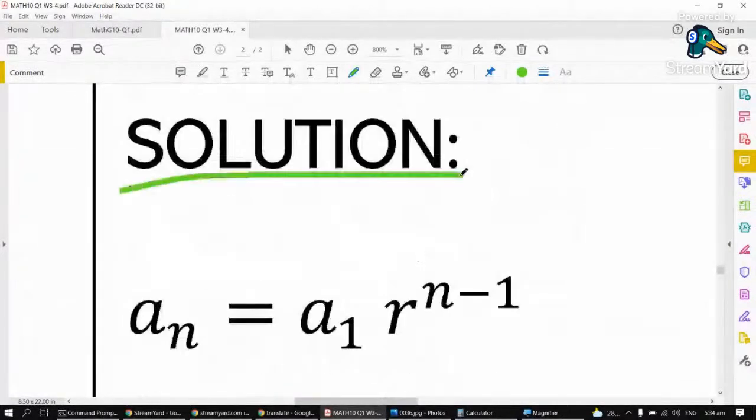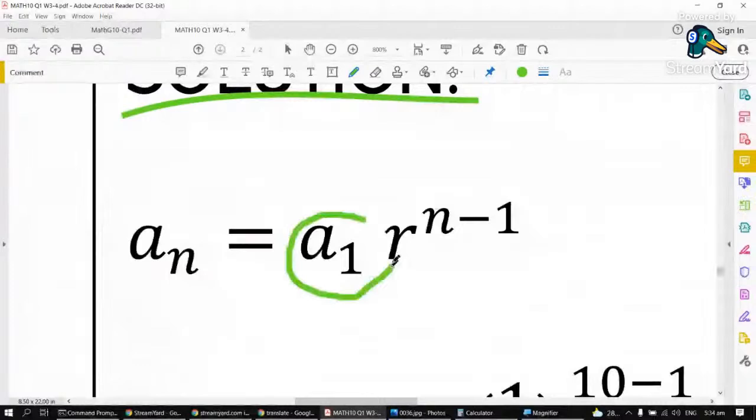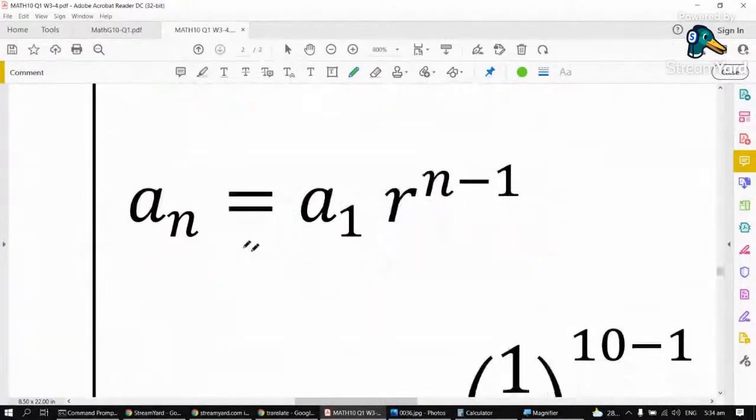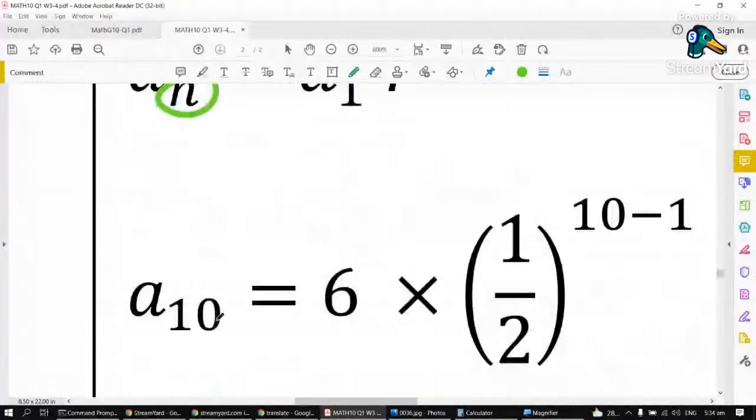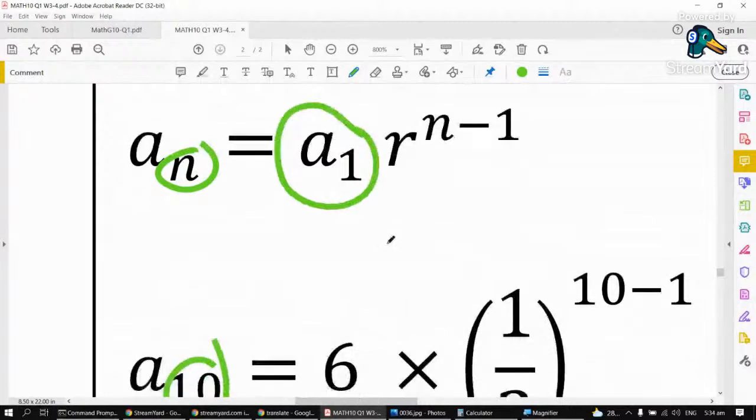So, solution, again, ang formula natin, a sub n is equals to a sub 1 times r exponent n minus 1. So, since ang hinahanap natin is pang 10th term, itong n ay papalitan natin ng 10. Ang ating a sub 1, ang ating pinakaunang term is 6.